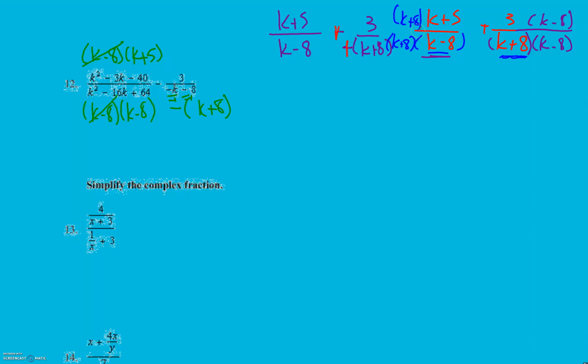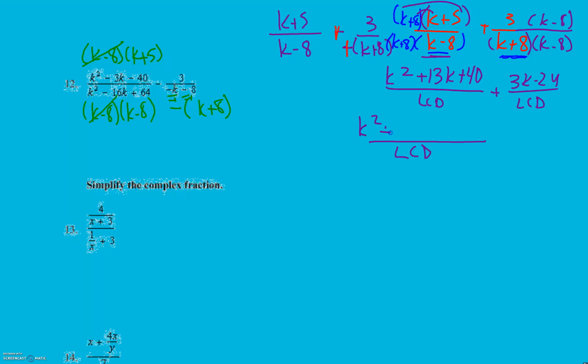I have to simplify here, and so in order to do that, I'm going to FOIL. K squared plus 5 plus 8 gives me plus 13k plus 40 over my LCD plus 3k minus 24 over our LCD. Now that I have them both over my LCD, I'm going to just combine them into one fraction.